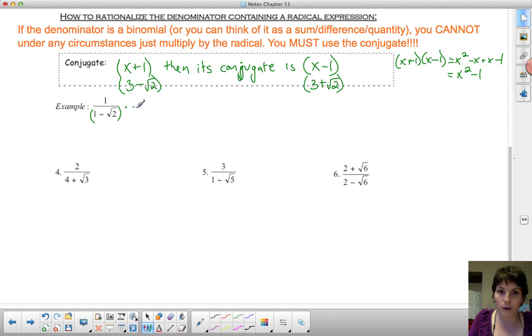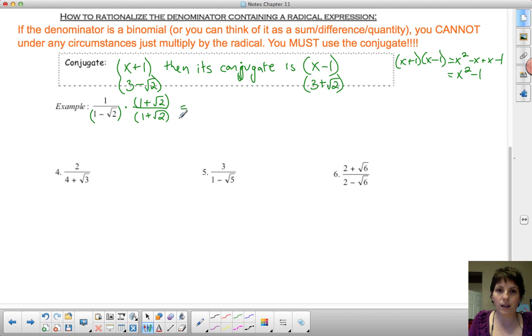We're still going to multiply by 1, and it's still going to be a hidden 1, but now we want it to be 1 plus root 2. If it's a binomial, then you need to use the conjugate. It's going to require us to FOIL. But remember this difference of perfect squares, right? Well, what's going to happen when we do 1 minus root 2 times 1 plus root 2?